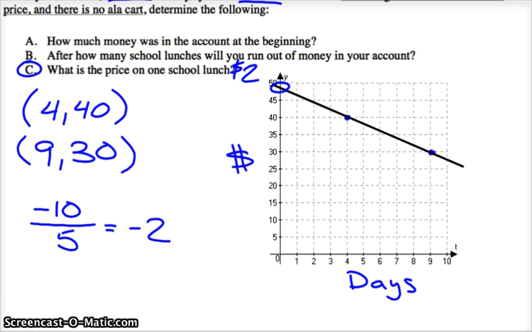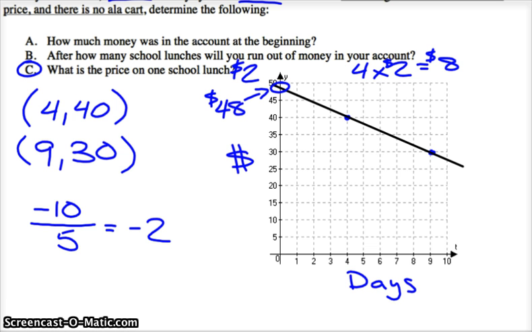The other way to test that would be the fact that we have 4 and we have $40 left on our 4th day. And so that means we've spent 4 days of meals, which means we've spent 4 times $2 per meal, or $8. And so since we've already spent $8 after our 4th day, our y-intercept here will be $48.